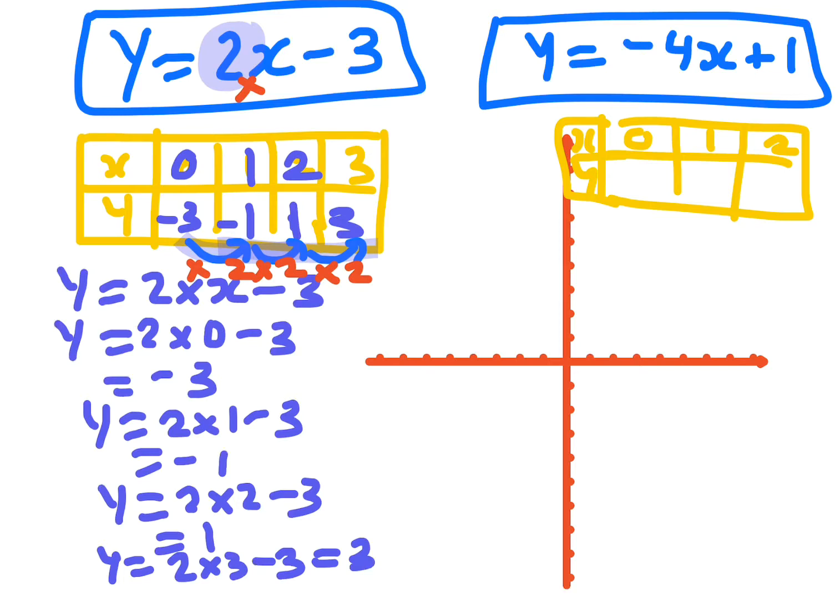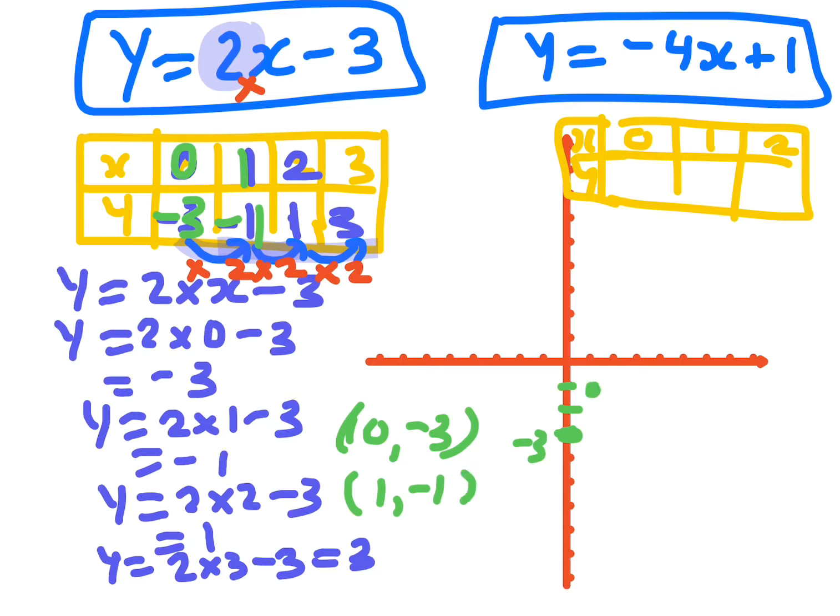So we're going to plot the points. We have (0, minus 3). That's this point. You go across 0 and you go down 1, 2, 3. So that's there. Next point, (1, minus 1). You go across 1, down to minus 1. So that's there.